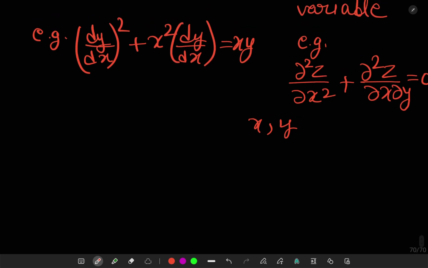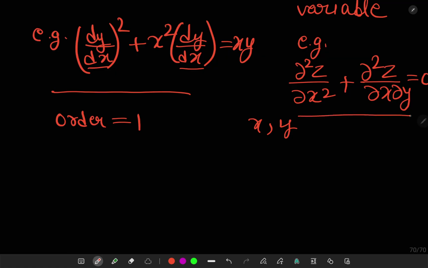For the order of a differential equation, the order of the highest order derivative appearing in the differential equation is called the order of the differential equation. In this equation you can see the order is 1, because dy over dx is the only derivative available in this equation.